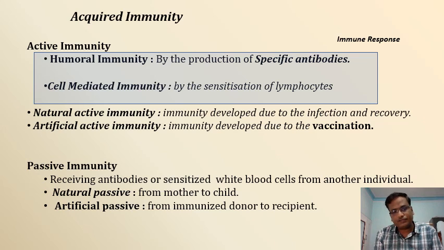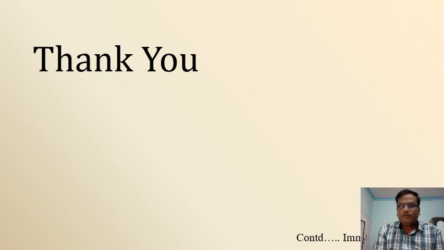That we'll study in the next video. And we already studied the natural active immunity, artificial active immunity, and what is passive immunity. Okay, thank you. So in the next video, we will continue with the types of immunity or immune responses.